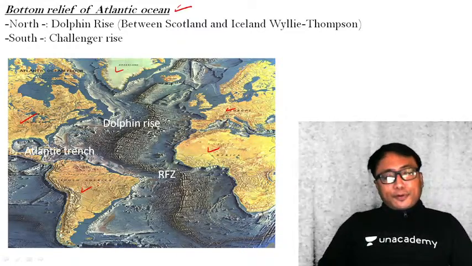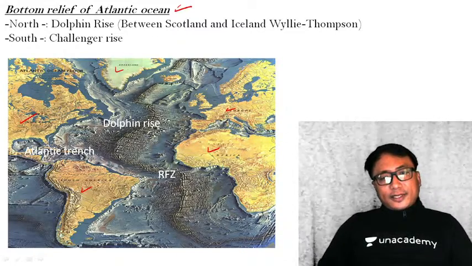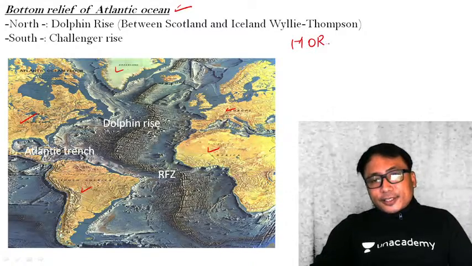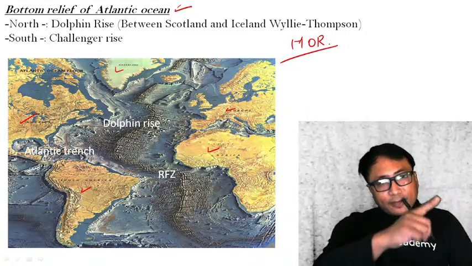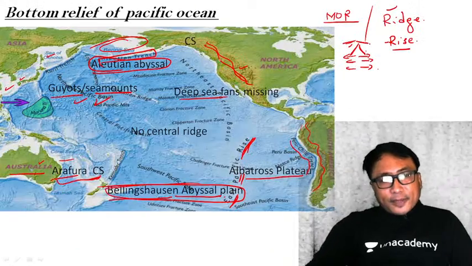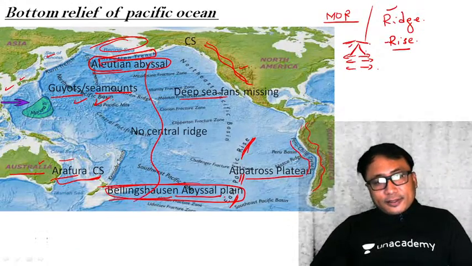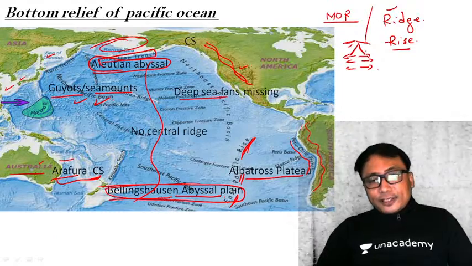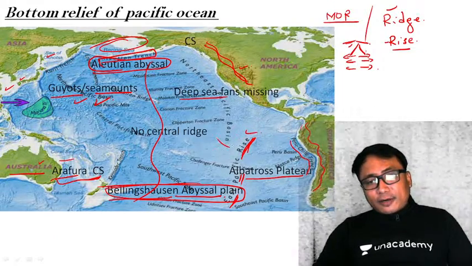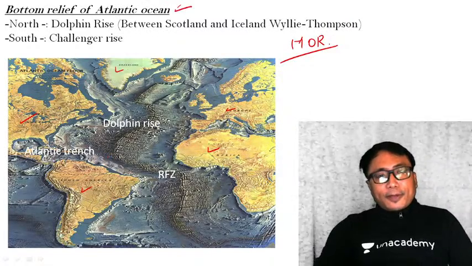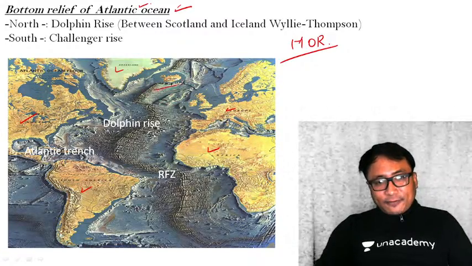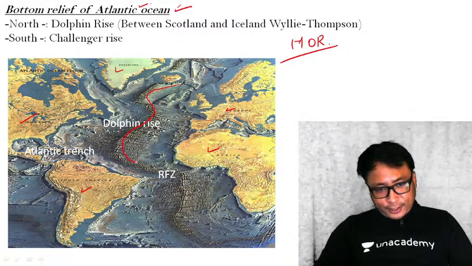One of the most important features that you will find in the Atlantic Ocean is the mid-oceanic ridge. You remember just now we have seen the Pacific Ocean. In the Pacific Ocean, you don't have a central ridge; you have the East Pacific Rise in the southeast part. But when you come to the Atlantic Ocean, you will have an extensive mid-oceanic ridge of this nature.